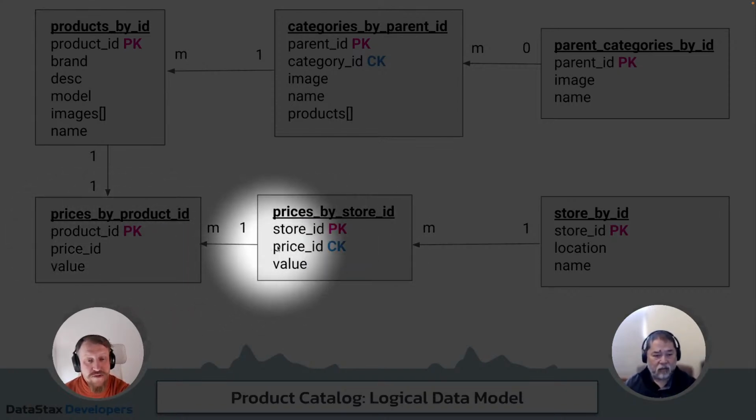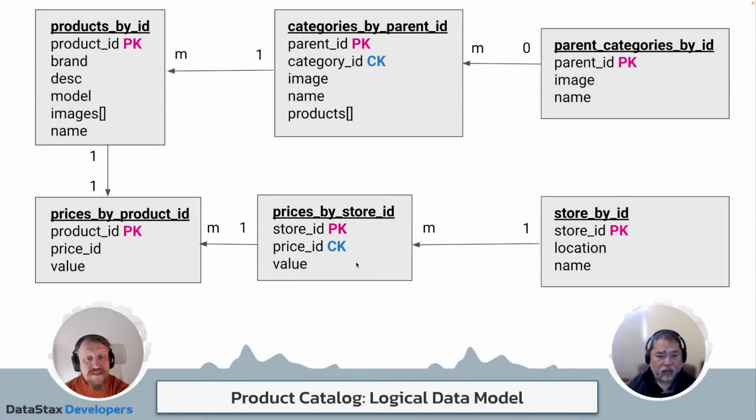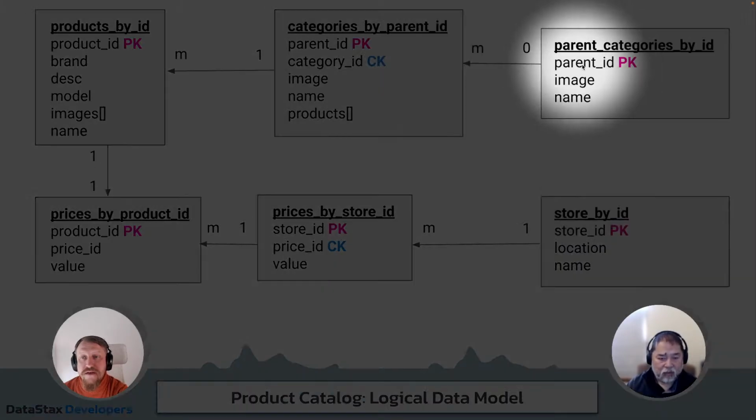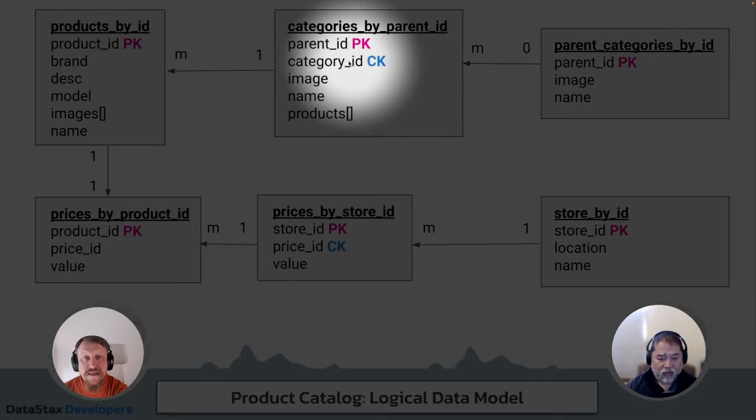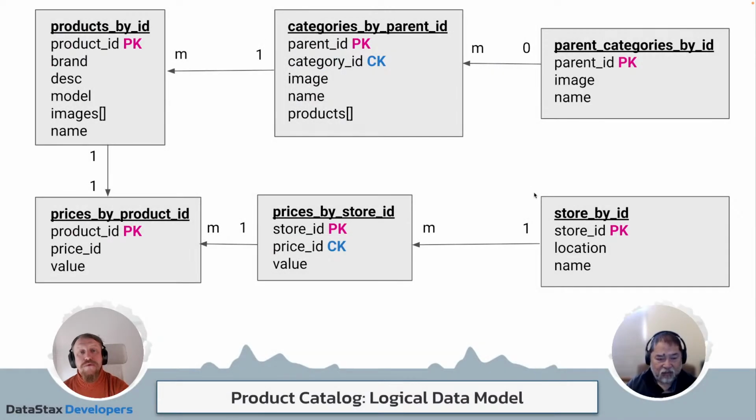Because prices are more advanced, we might need different prices in different stores. So it's a little bit harder than that. When we are going to have categories by ID and categories by parent ID, we will need to get those into the tree of the categories. Those will have linked products.